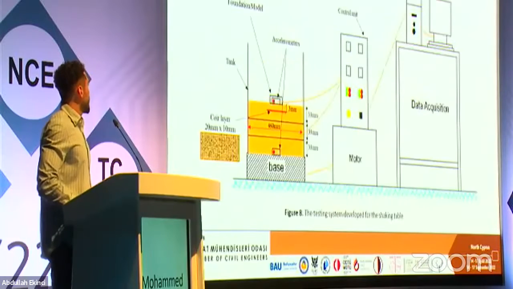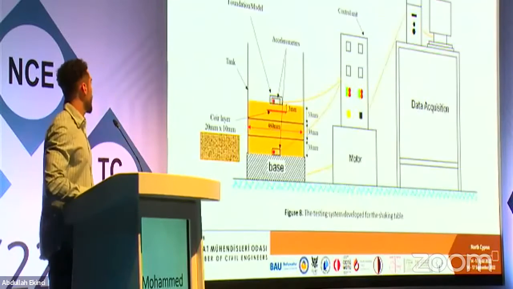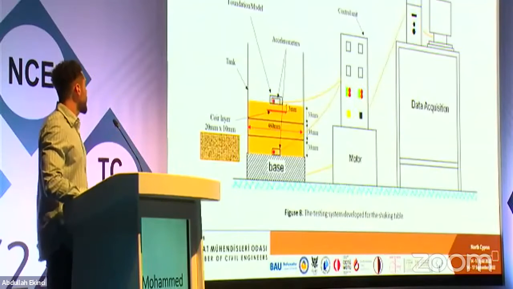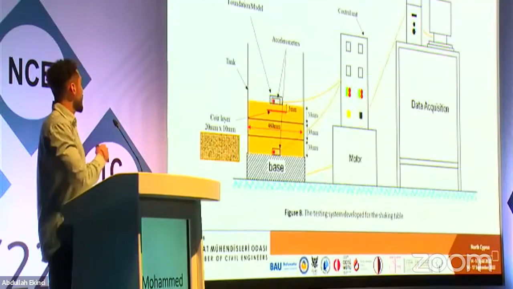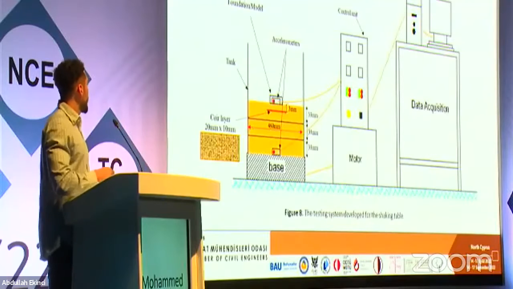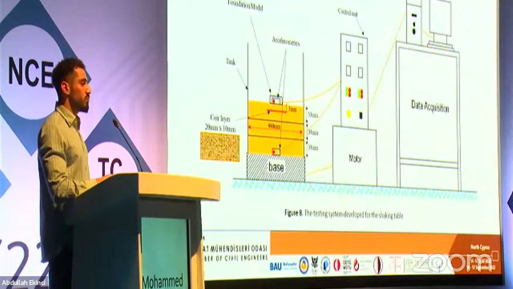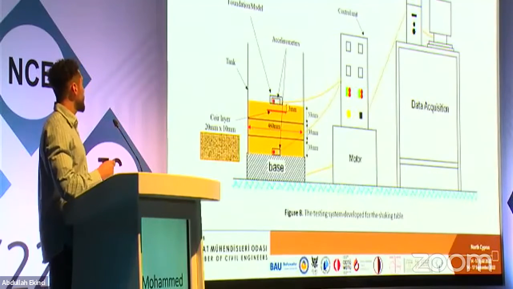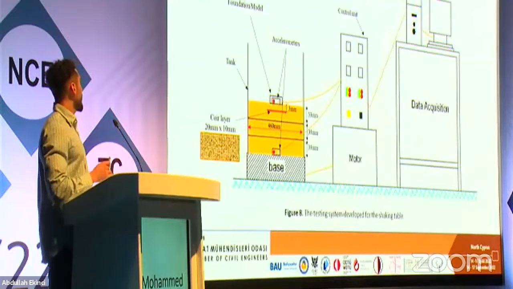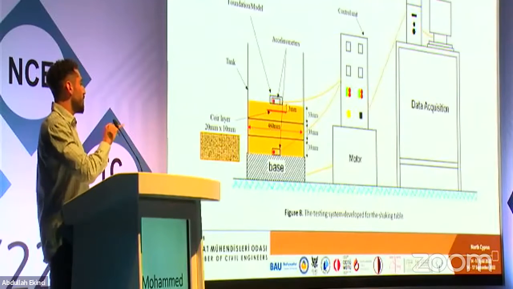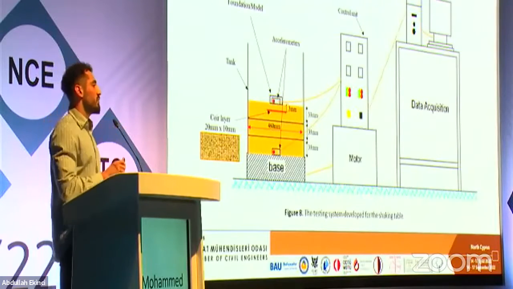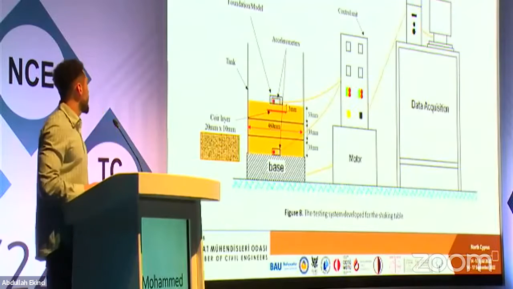So this is the testing system that we developed. We use the shaking table that is connected to a motor. And here we can see where the layer was placed. First, most important are the accelerometers, of which we used 2. One was placed on the base of the table, and the other was placed on top of the soil in the foundation model. So the one on the top is the foundation model itself.